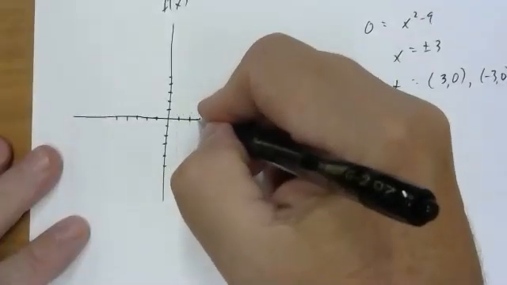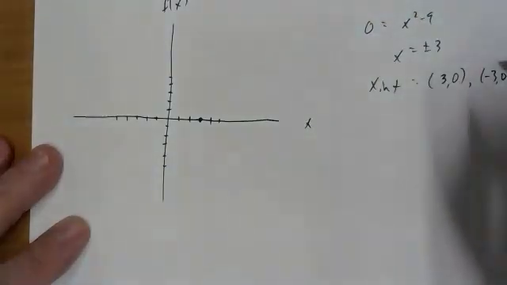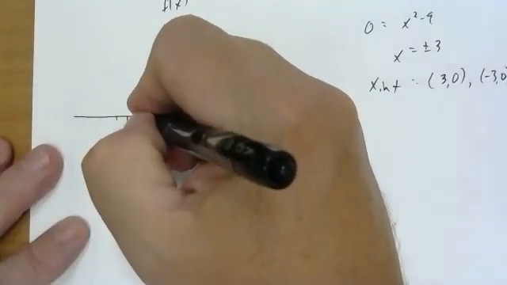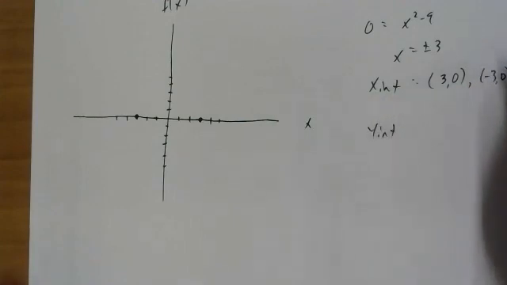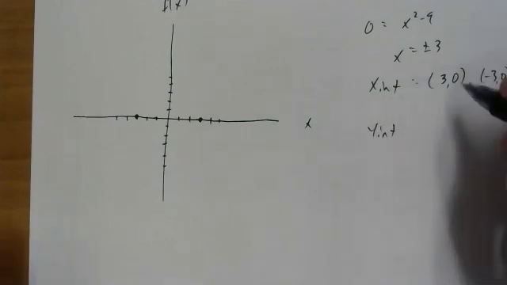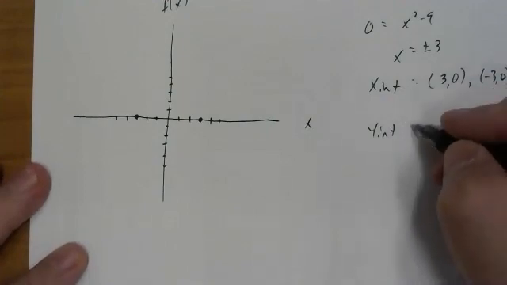Now for the y-intercept, it's the opposite: you set x equal to 0 and solve for y.